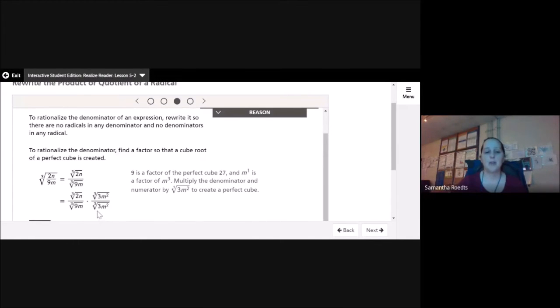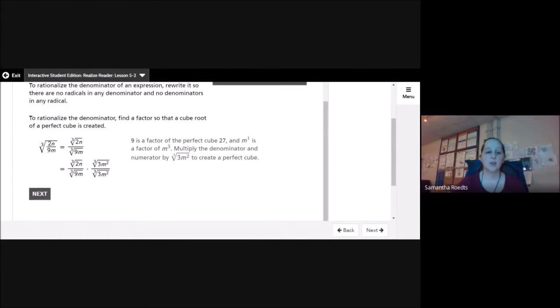I multiply both sides by the cube root of 3m squared. 9 is a factor of the perfect cube 27, and m to the first is a factor of m cubed. Multiply the denominator and the numerator by the cube root of 3m squared to create a perfect cube.